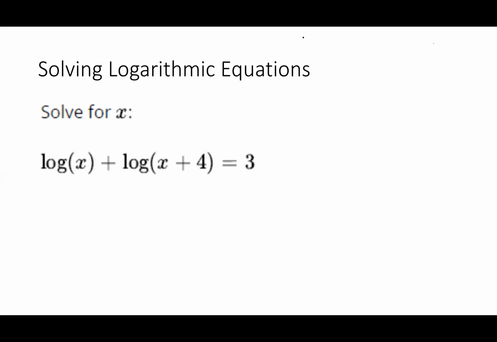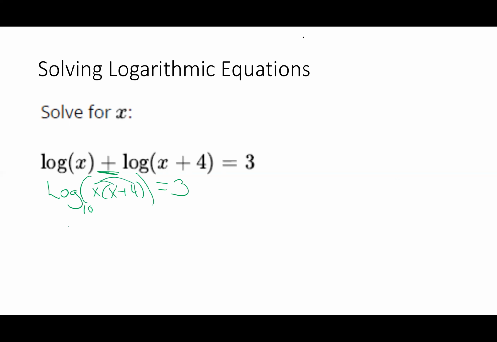Okay, so the way that we're going to go about this, I see a sum outside of the logs. That means I'm looking at a product inside of the logs. And this is log base 10, just so that we have that in front of us.